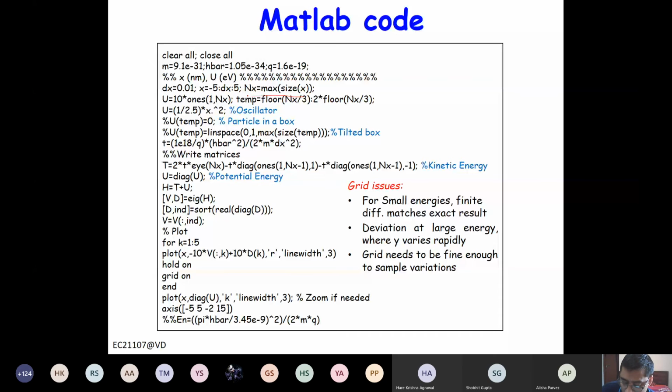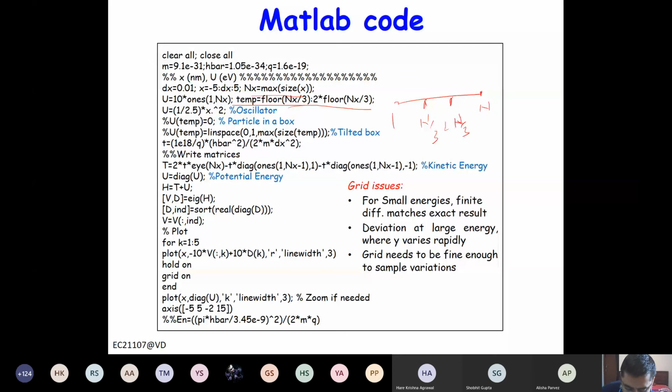So that means this is 1, this is n, this is n by 3, this is 2n by 3, right? So n by 3 to 2n by 3, I assign it as 0, right? So this is potential u, this is 0, right? So first of all, I assign the whole potential 10, and then for this region n by 3 to 2n by 3, I assign 0.